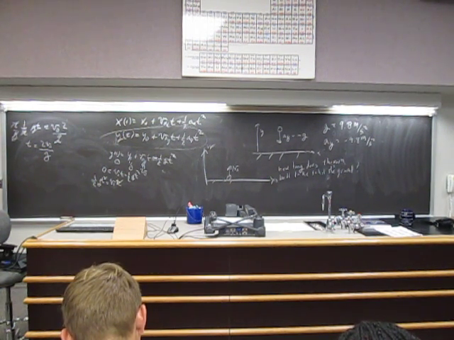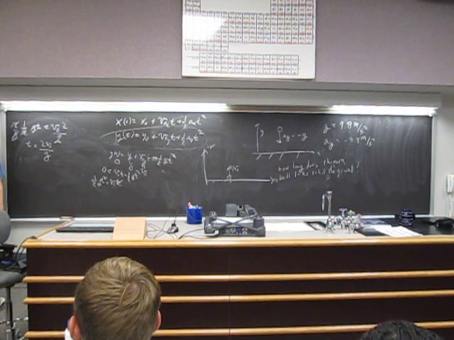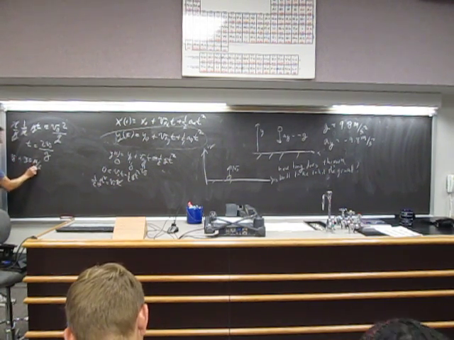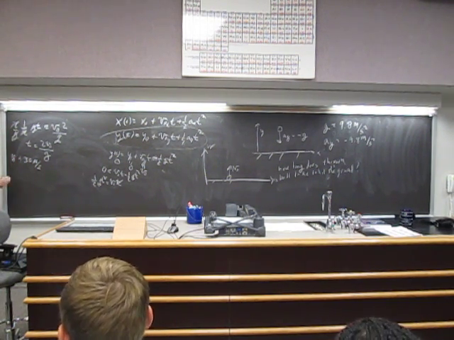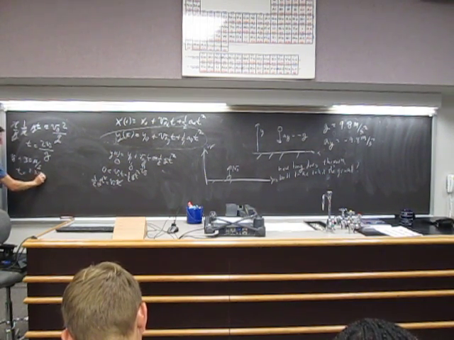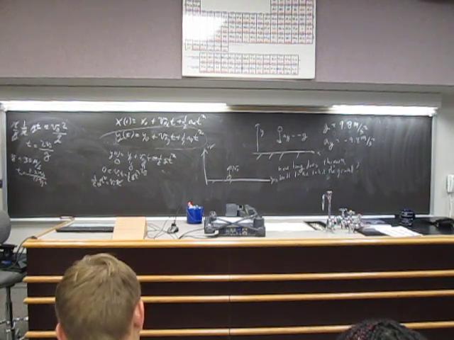So for instance, if I threw a baseball at 70 miles an hour straight up into the air, you'd get about 30 meters per second initial speed. And the time it would take to come back down would be 2 times 30 meters per second divided by 9.8 meters per second squared.